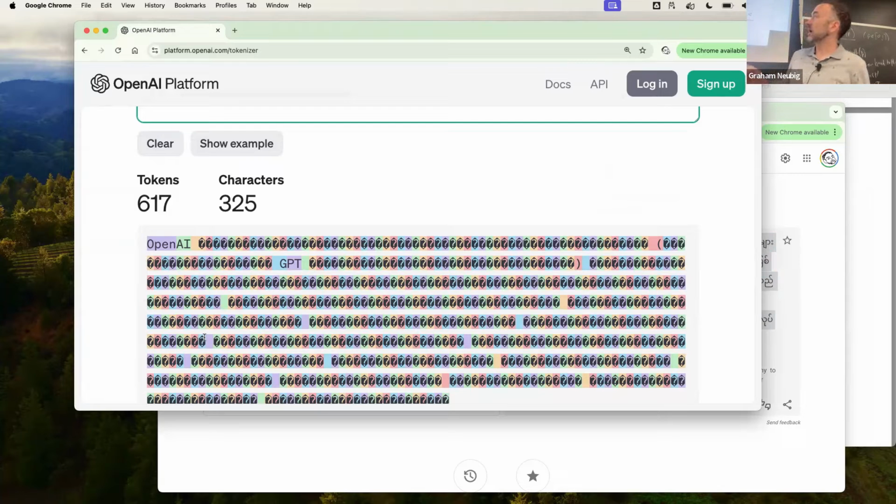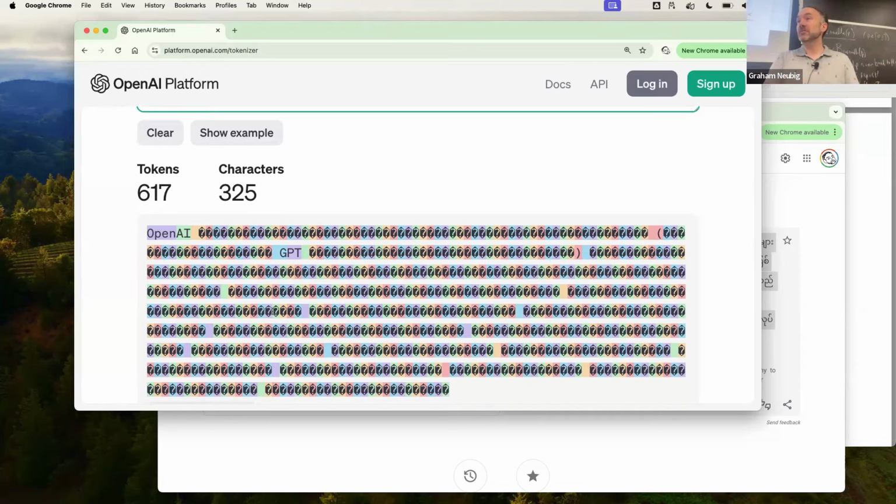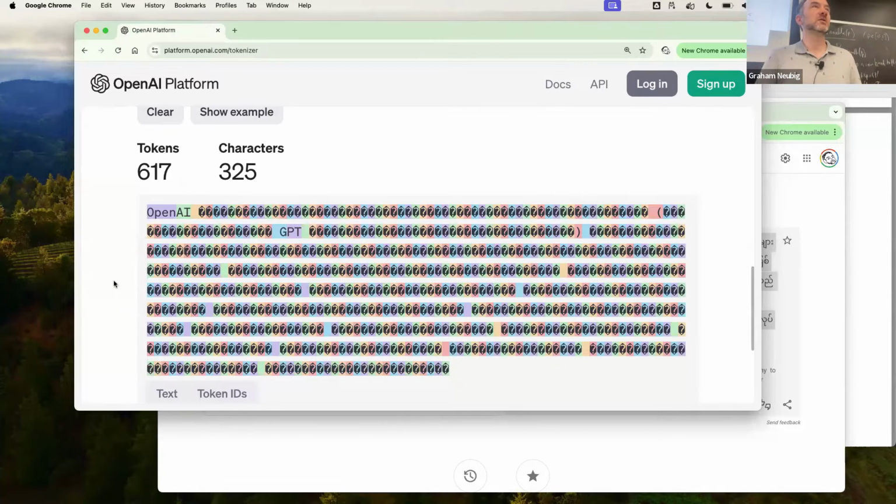It means that you're not going to get as good modeling of this language because all the tokens are going to be split up, and the model is going to have to work extra hard to kind of get the semantics from these very split up characters. The other thing it's going to mean is this is 12 times more expensive than processing the English, right? Because there's 600 tokens when you had 58 in English. So this is a pretty big problem for multilinguality.